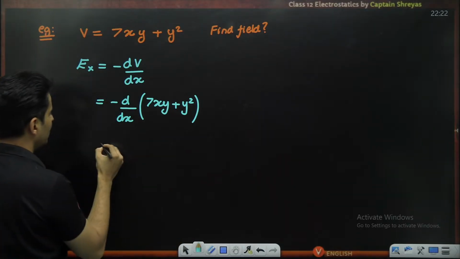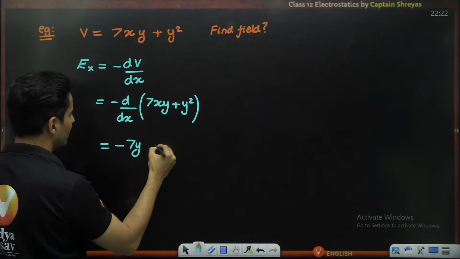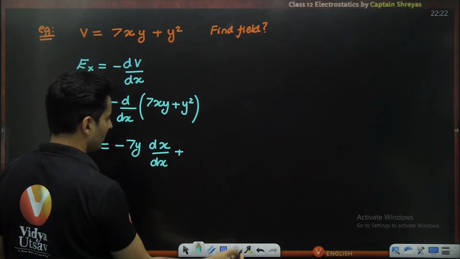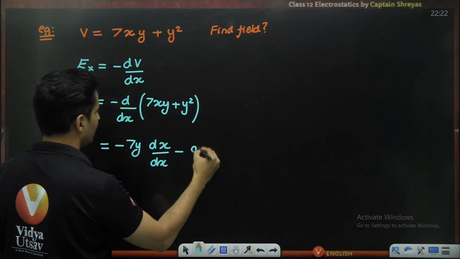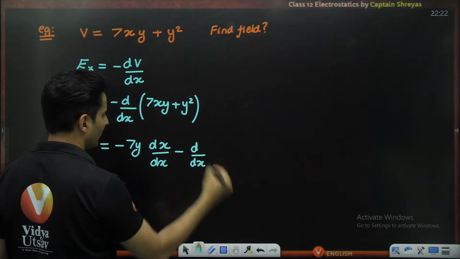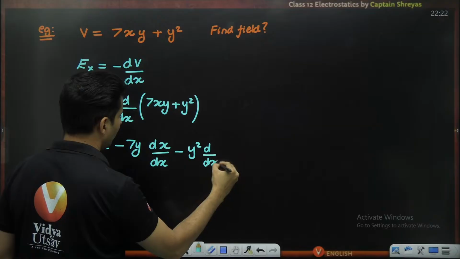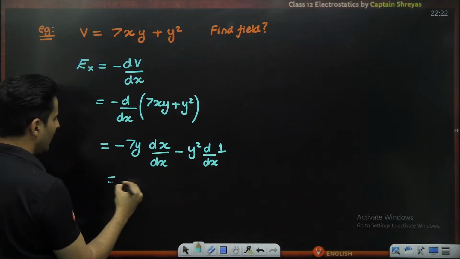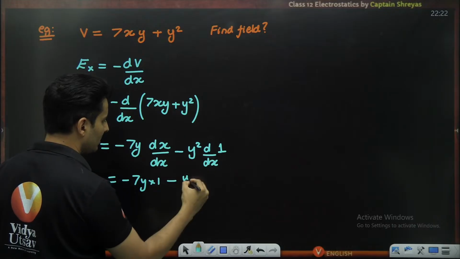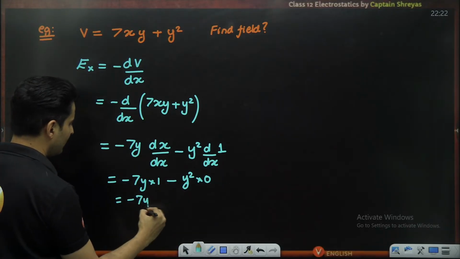Everything else becomes constant, meaning minus 7y is a constant, and I'm just left with dx by dx. Y square is a constant only, guys. So y square will come outside, and d by dx, what will be remaining? 1. So this is minus 7y into 1 minus, y square is a constant, its derivative is 0. So this answer will be minus 7y.